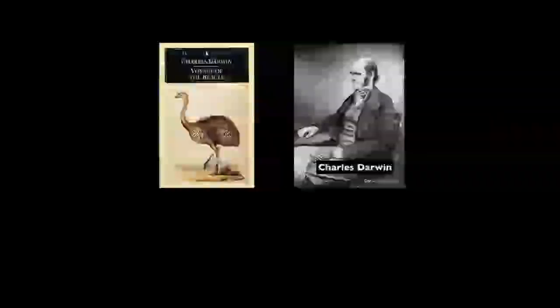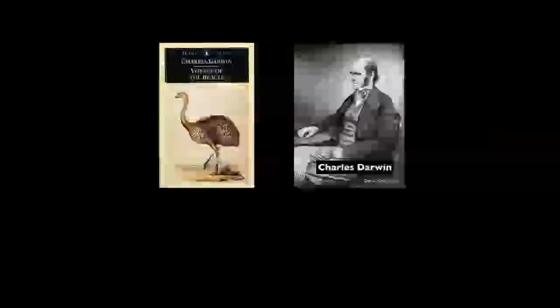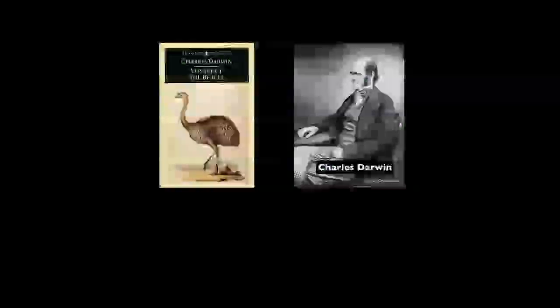This book established Darwin as a naturalist, gave him a reputation within Britain and throughout the English-speaking world as someone who really understood nature. If you read The Voyage of the Beagle carefully, it was published about 20 years before The Origin of Species, you can see Darwin beginning to settle on a revolutionary idea.